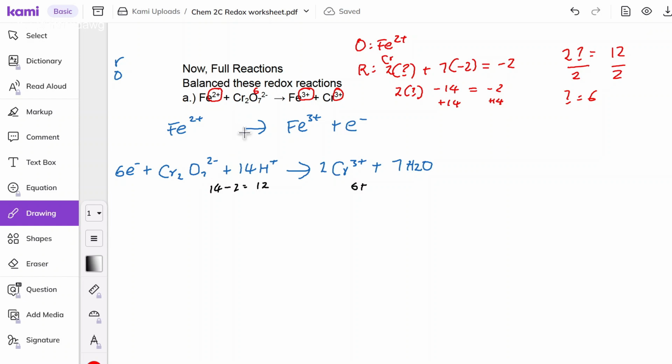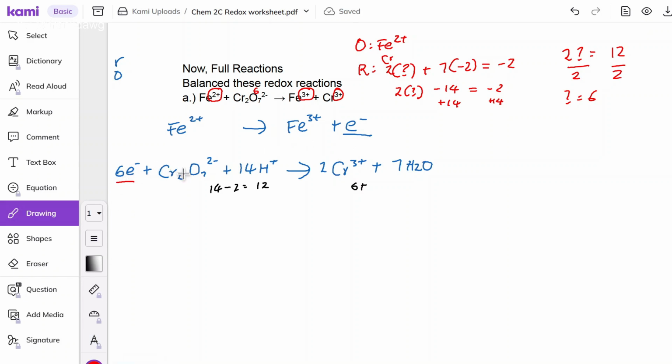So now we have the half reactions of both the oxidation and the reduction. Now we have to add them together, but we can't just add them all together because, as you can see, the electrons have to cancel out. This one only has one electron in its equation, while this one has 6 electrons.